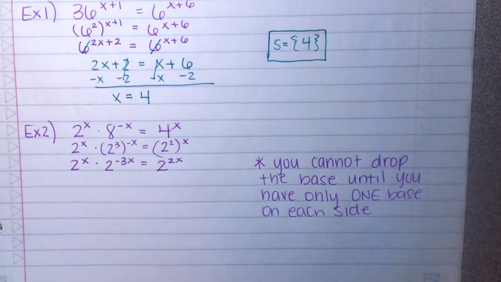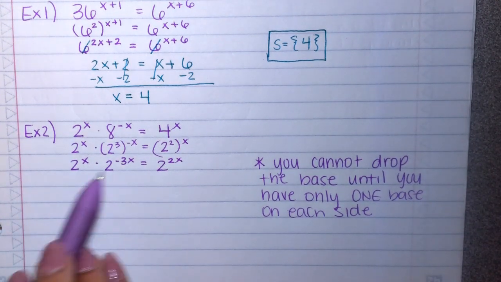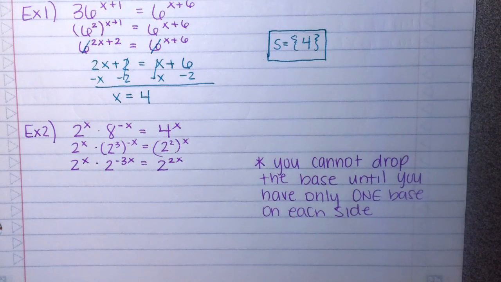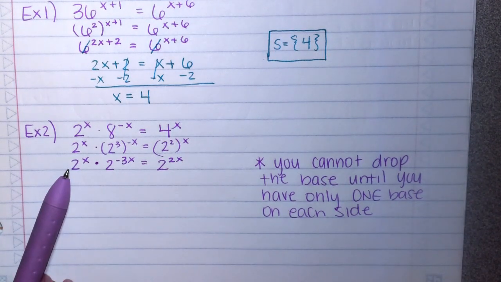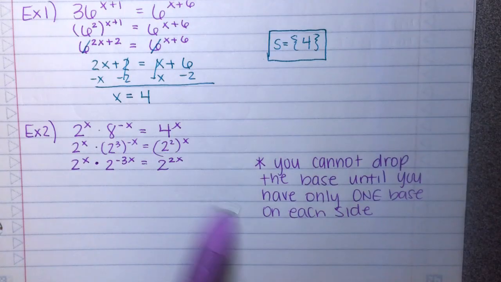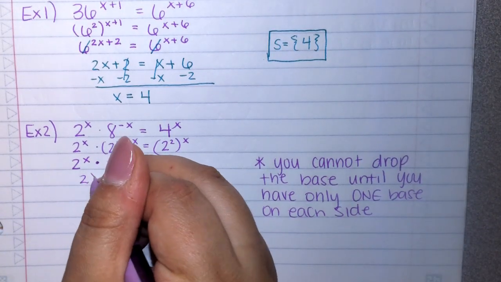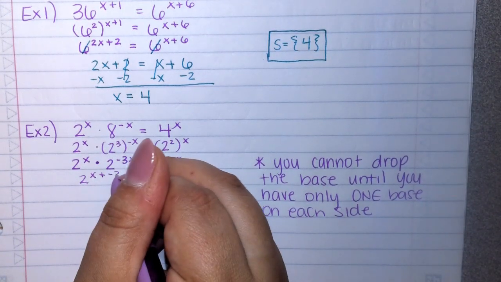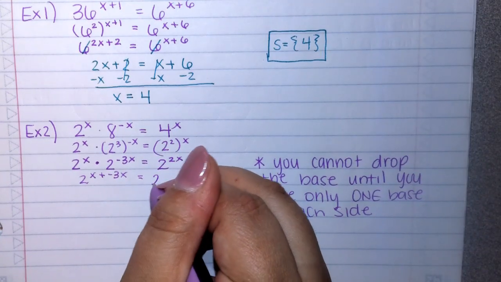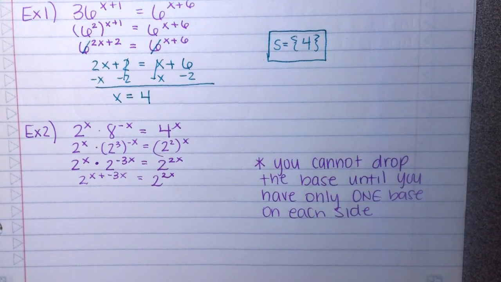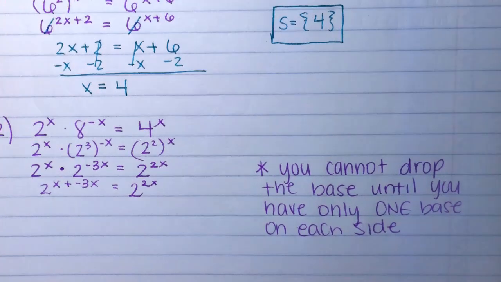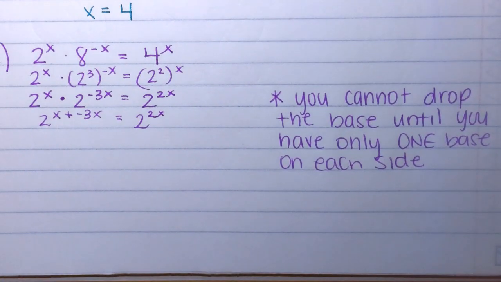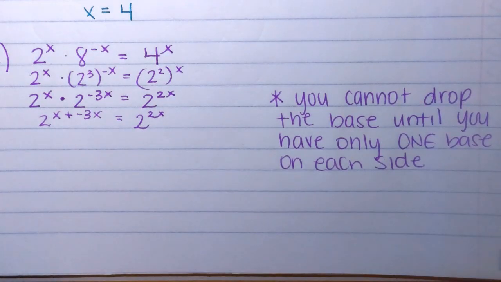So how do I get just 1 2 on the left when I have 2 2's right here? What operation is right here? And when we're multiplying, what can we do to the exponents if they have the same base? Add them. So this is really 2 to the x plus negative 3x. Does everybody see what I just did there? Now, can I cancel it? Do I have the same base on each side?